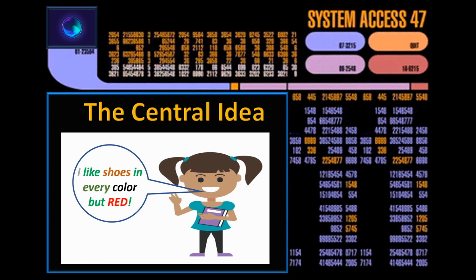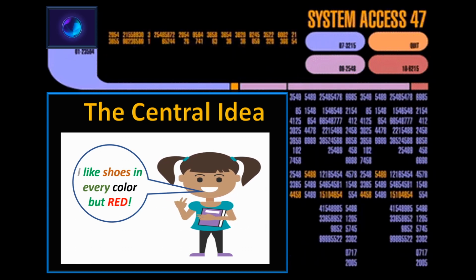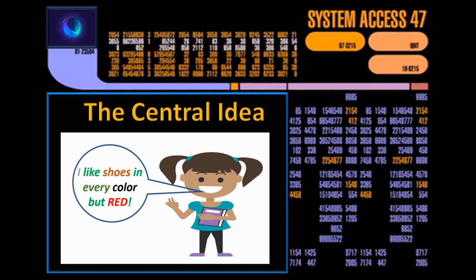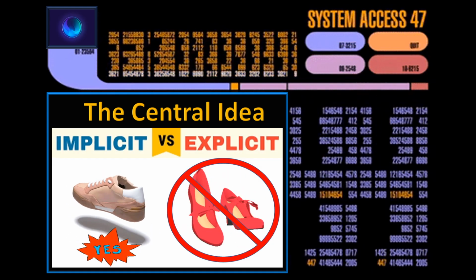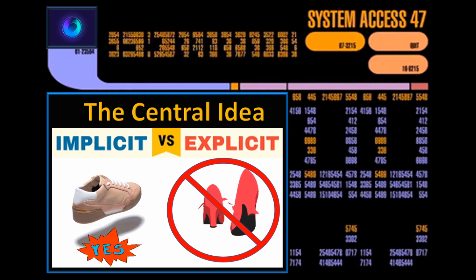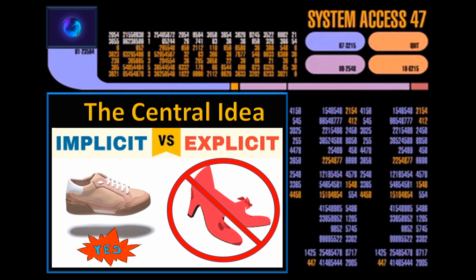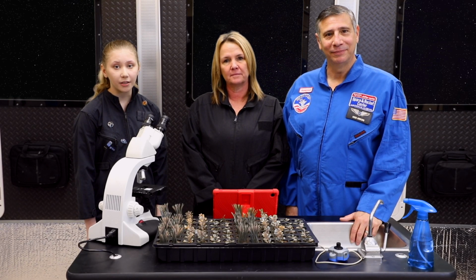For example, if an author states that they like shoes in every color but red, we understand the following. The explicit idea would be that they do not like red shoes. The implicit idea would be that they do like brown shoes, since brown shoes are not red shoes. Thank you, Aurora. That is much clearer.